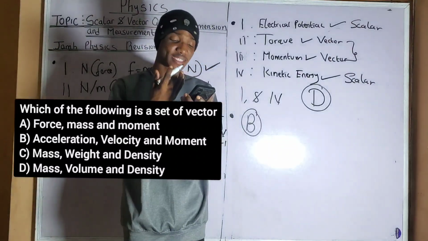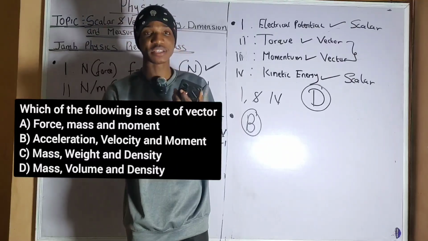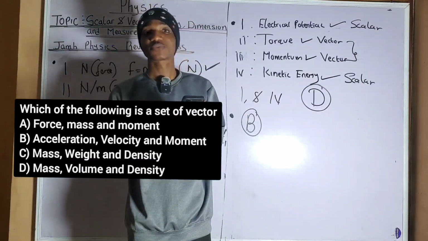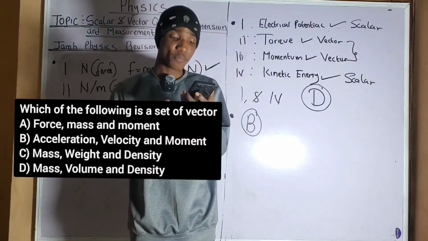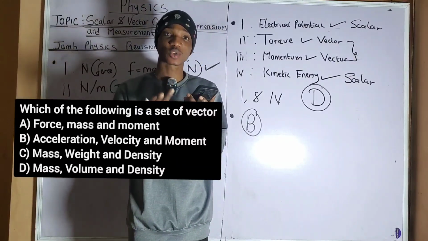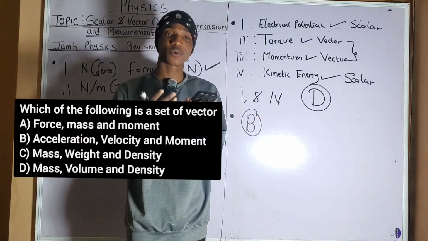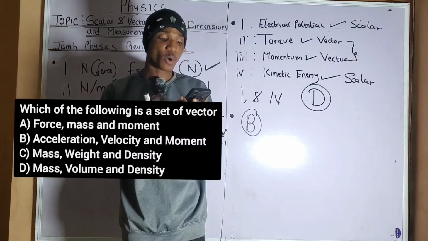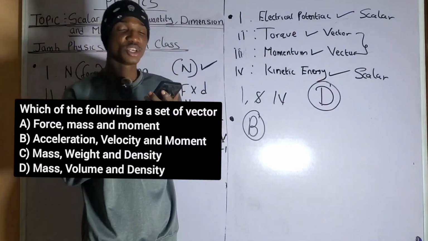The presence of mass and density disqualifies the option. Let's look at weight force. Weight force has direction, and the direction is towards the center of the earth. So weight is a vector quantity, but mass and density are not vector quantities. So therefore the option is disqualified. What of option D? Mass, volume and density. That cannot also be the option.